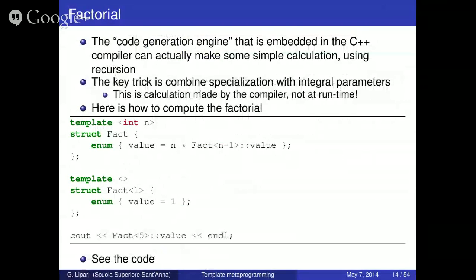We need something a little bit more useful, but that's already a nice technique because it basically combines two of the properties of the templates. The first property is the template specialization. And the second property is the fact that everything is compiled on the fly, only when needed.